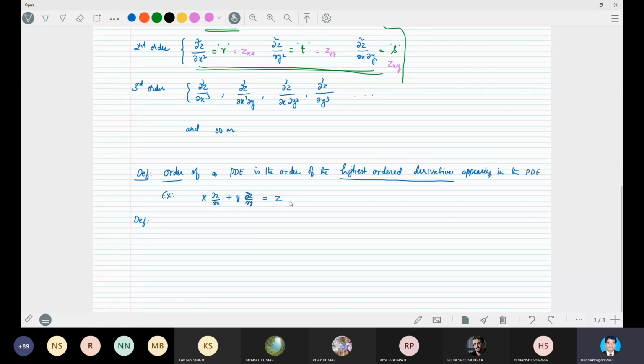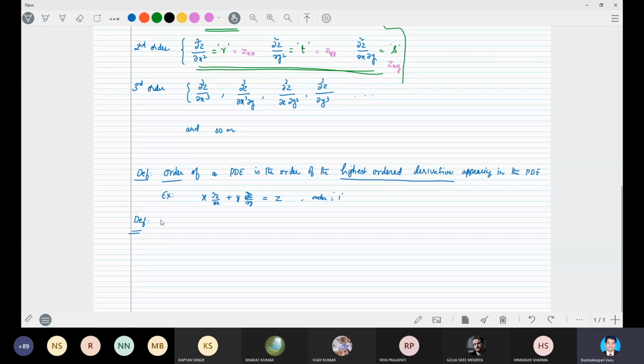What is the order? First. Why? Because the highest order derivatives in the equation are first order derivatives, dou z by dou x and dou z by dou y.